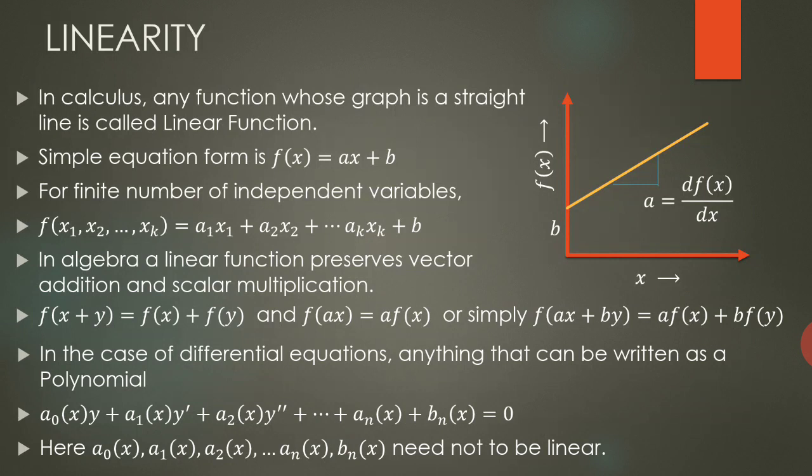Coming to differential equations, a linear equation can be written as a polynomial with differential terms: a0(x) y plus a1(x) y dash, where y dash is dy by dx, plus a2 d square y over dx square, etc., is equal to 0.